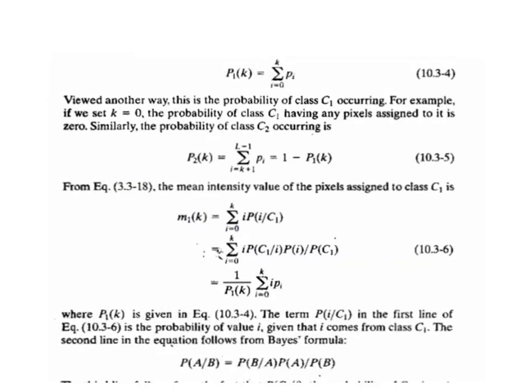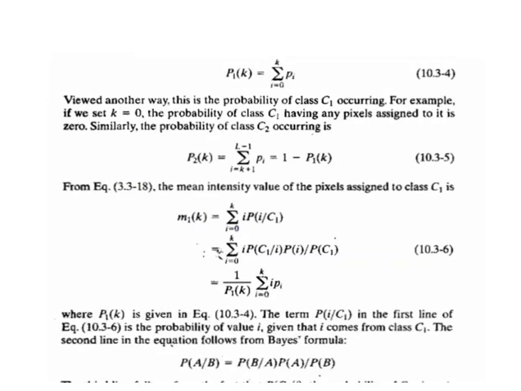For example, if we set k = 0, the probability of class C1 having any pixel assigned to it is 0. Similarly, the probability of class C2 occurring is P2(k) = summation of i = k+1 to L-1 of P(i) = 1 - P1(k).